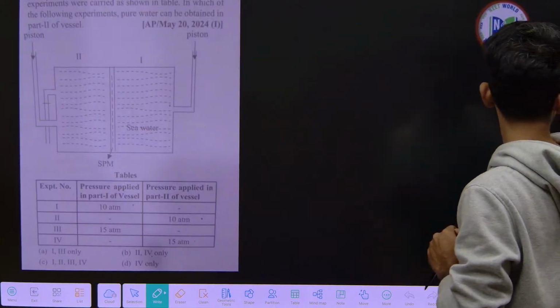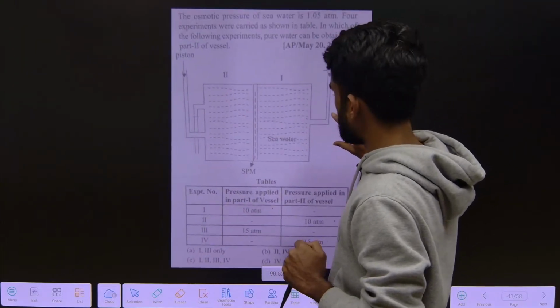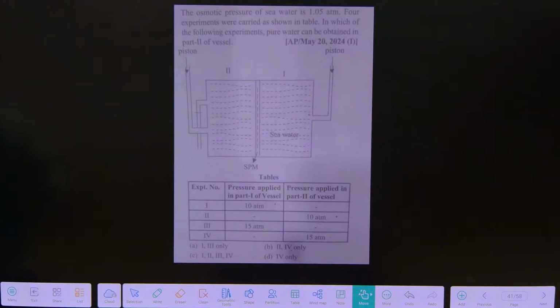I have one more question here from osmotic pressure. Just tell me, it's from the EAPCET exam. Tell me what your answer will be for this question. Anyone can try.